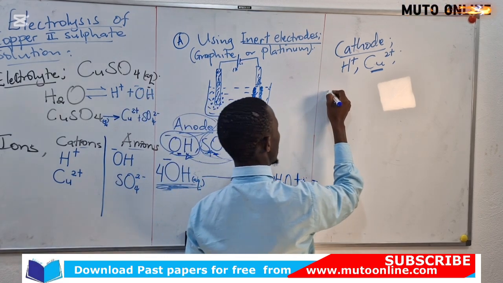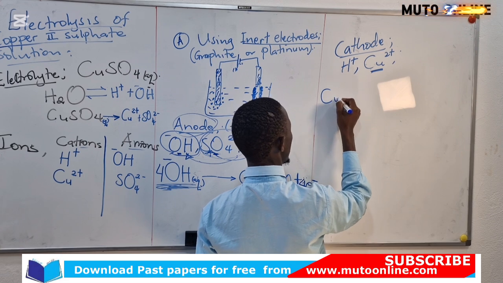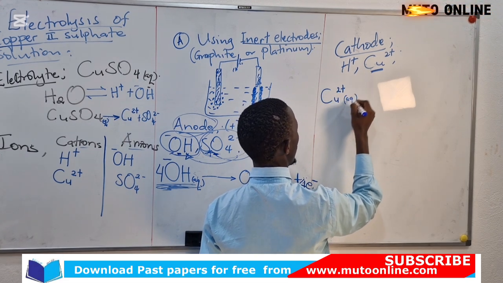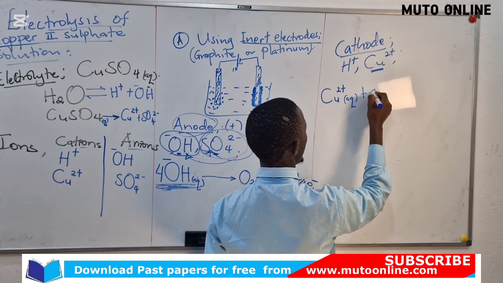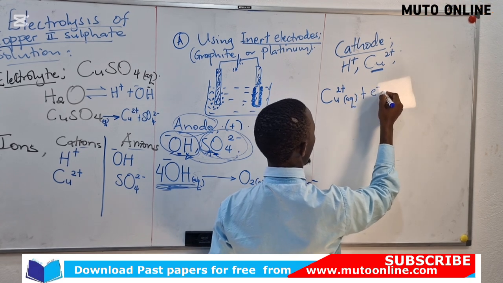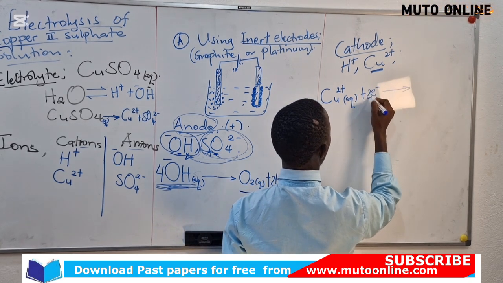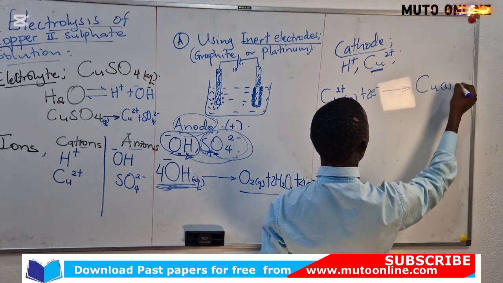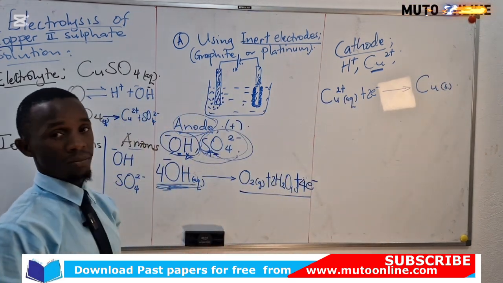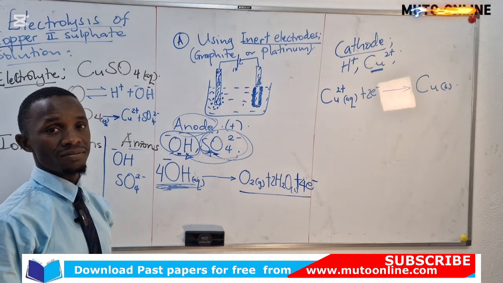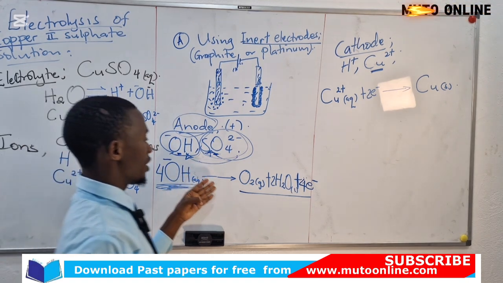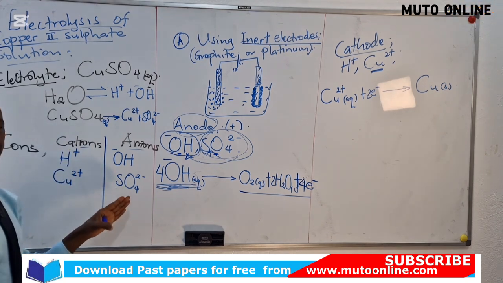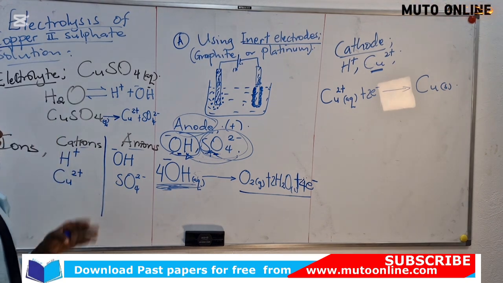And we said that discharging of these positively charged ions involves gain of electrons to form respective atoms of the substance. So this is the electrolysis of copper II sulfate solution using inert electrodes.